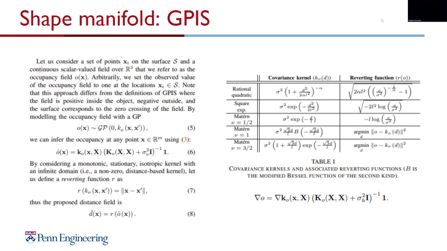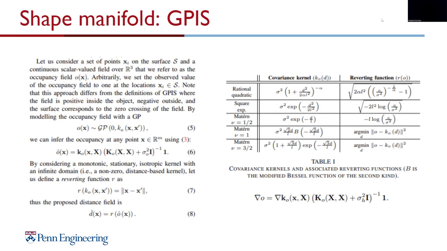So basically, their idea was that if we have a kernel function in a Gaussian process like this, and make it output and invert this process, basically have an inverse reverting function, which is just the inverse function of this, then we'll be able to get this d, which is the distance, and then we'll be able to get a distance function. That was their basic idea.